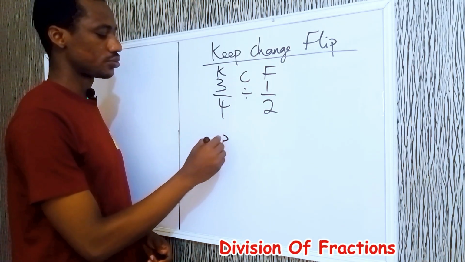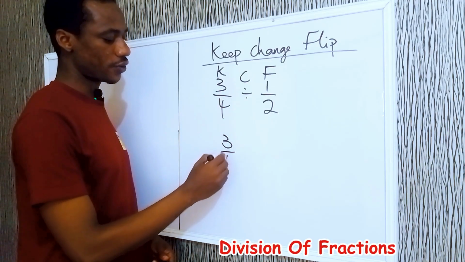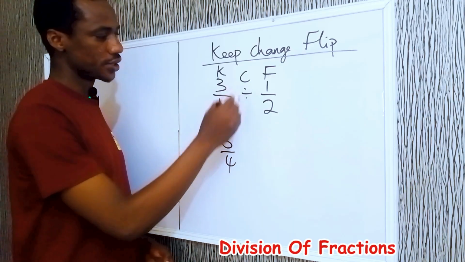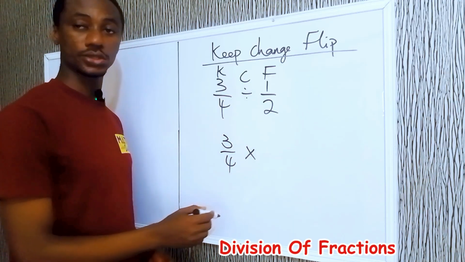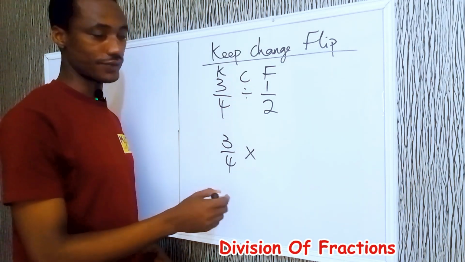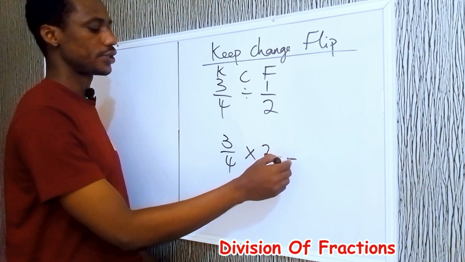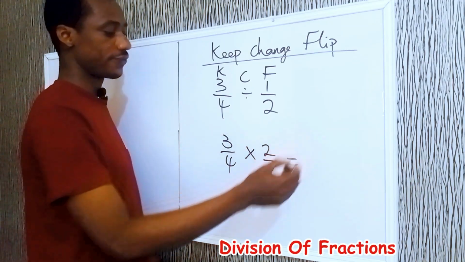So I'll keep 3 over 4 the way it is, change the sign to multiplication, and then flip the fraction after the sign. So that will be 2 over 1. And I could easily multiply my fraction out.